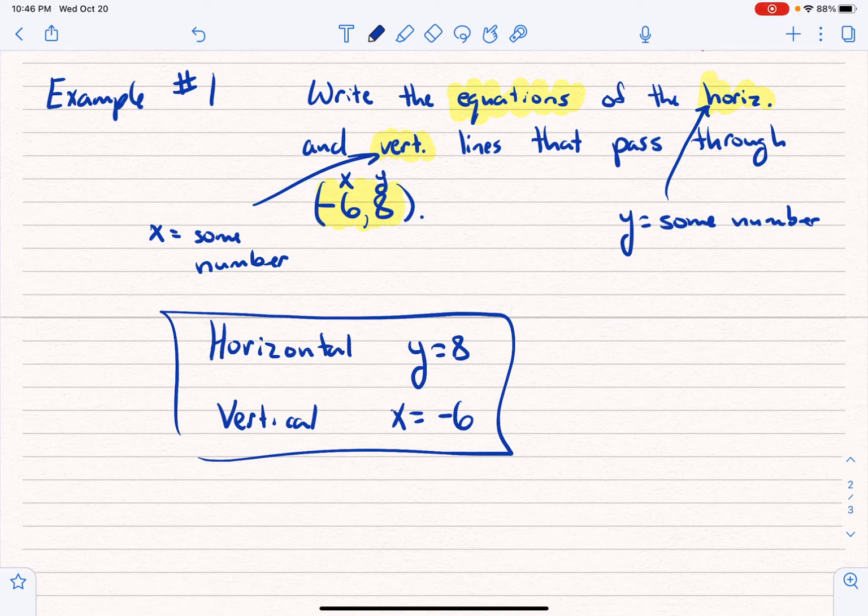All right. Now it's time to turn up the heat. We got to get to big idea number 3. But to get to big idea number 3, I need you to do something for me. I need you to come up with the equations of 2 different lines.